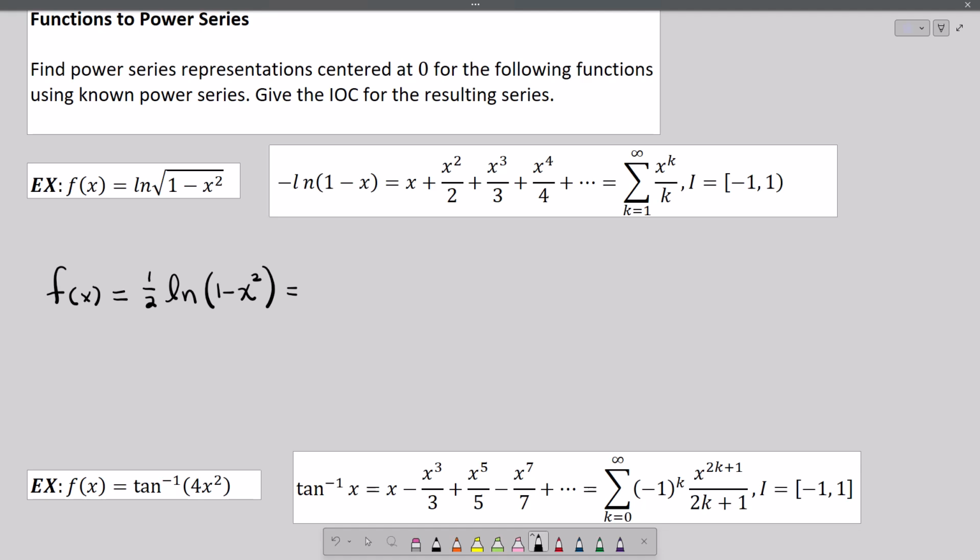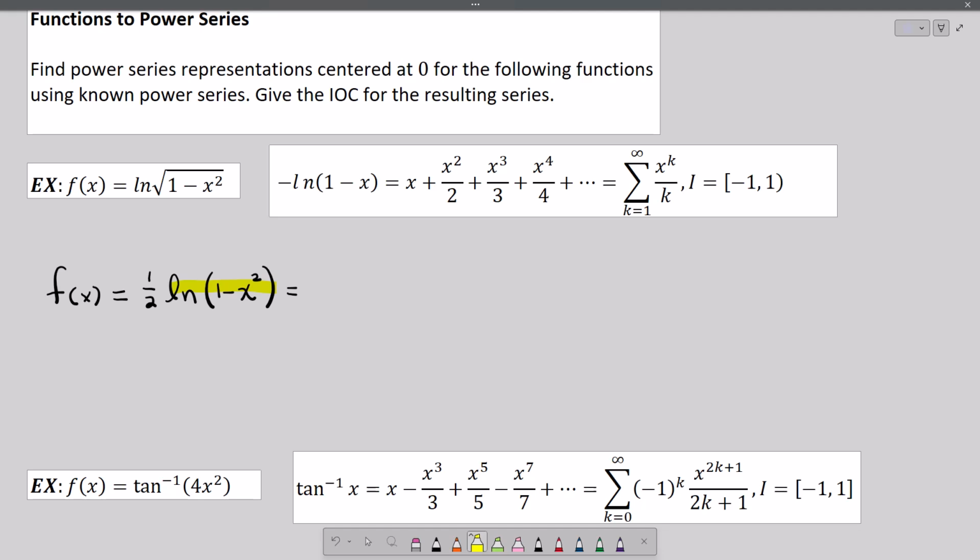So let's take this power series. What are we going to do up here? We're multiplying it by, what's going to be the coefficient here? -2. So if we focus on this right here, we have 1/2 times that.